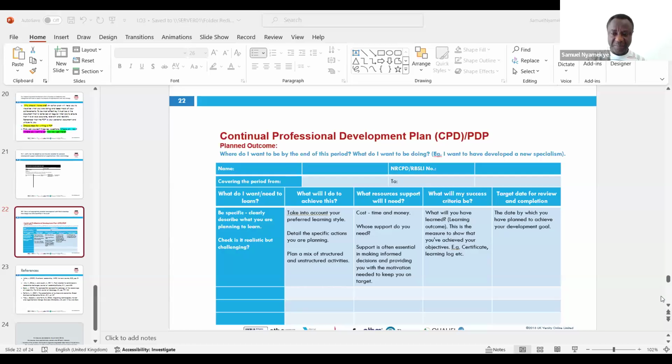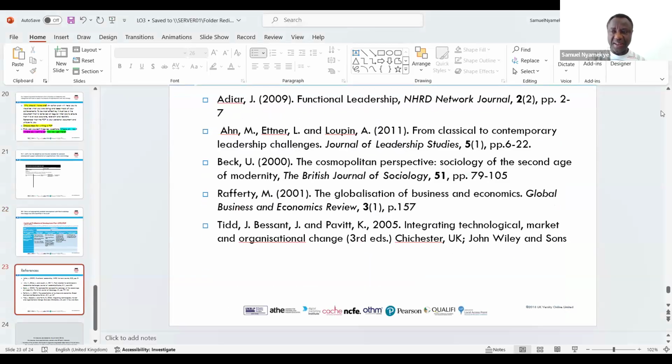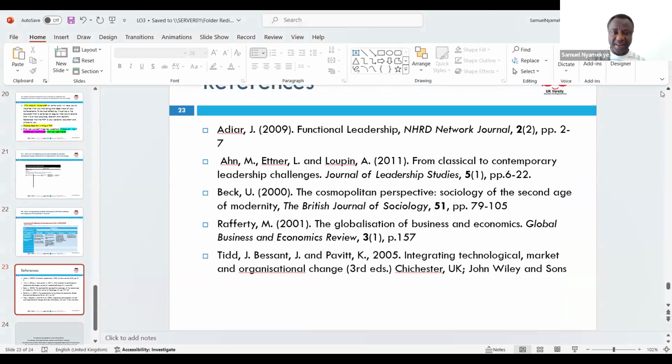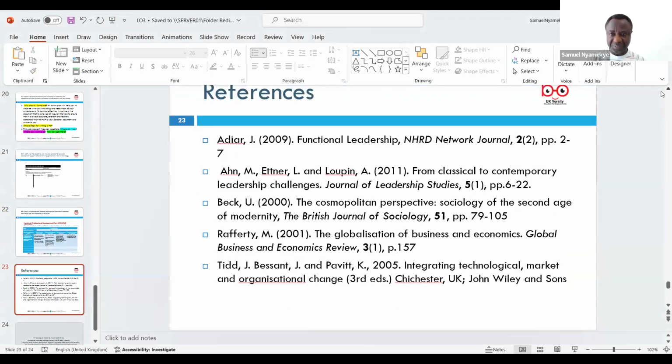Yes, if you look at LO3 and LO4, there are a few journals that have been put at the bottom. Some of these are journals, some of them are books. You can just go through them. Very good material.